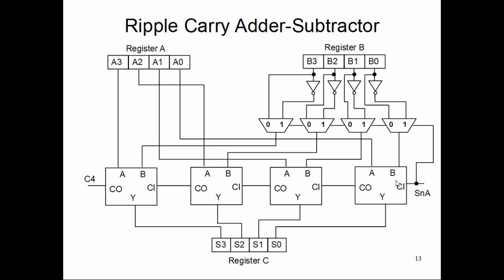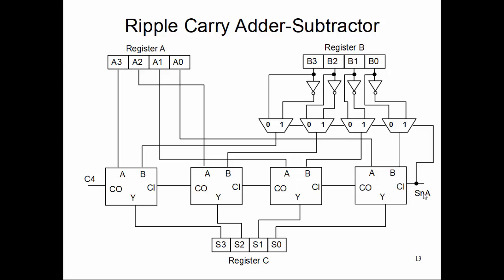Now that means SNA 0 is addition, SNA 1 is subtraction, whereas in the carry in, what should I send in? For the addition, I need to send in 0 for the first full adder carry in. For the subtraction, I need to send in 1 for the first stage of the full adder. This is the same as your SNA bit. So the same SNA bit is connected to the first 1-bit full adder carry in as a default carry in of this circuit.